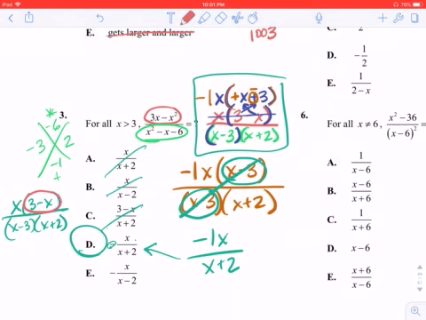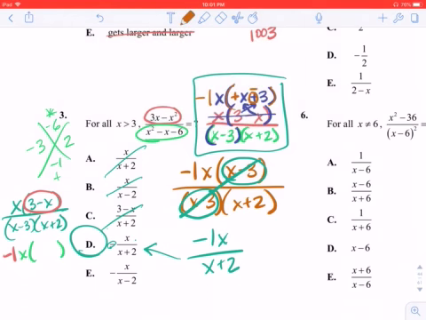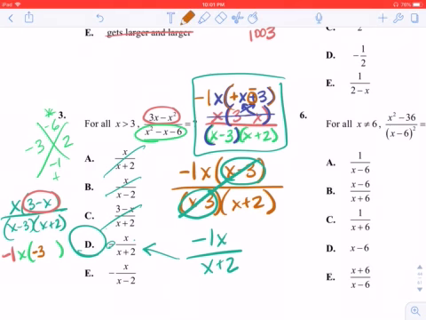So from here, I'm going to take out a -1. That x is still the same from before. But now, since I factored out the -1, I'm going to have -3 plus x. What's on the bottom has not changed at all. So I still have x minus 3 and x plus 2.